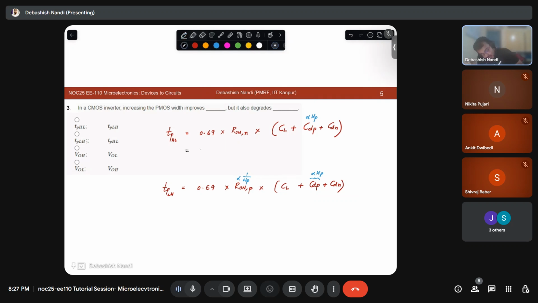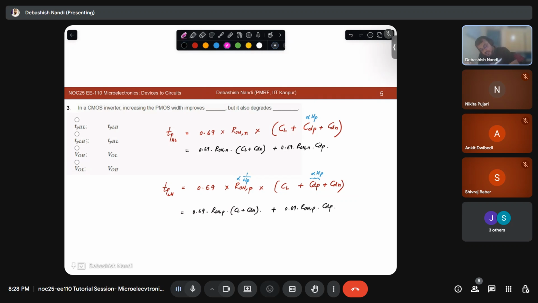In this case, we will have 0.69 times R on N times CL plus CDN, plus 0.69 times R on N times CDP. Similarly here, 0.69 times R on P times CL plus CDN, plus 0.69 times R on P times CDP.